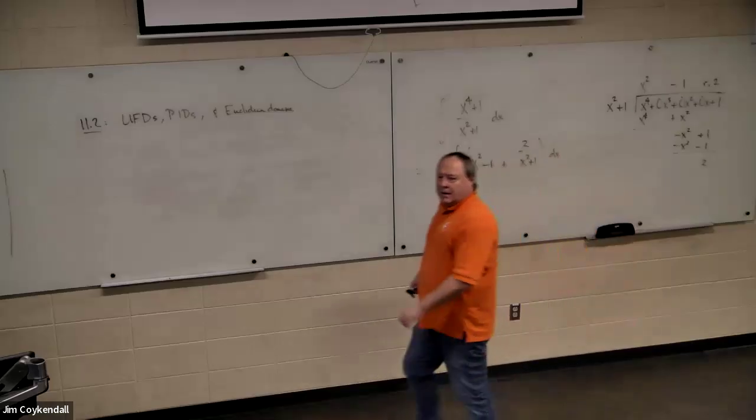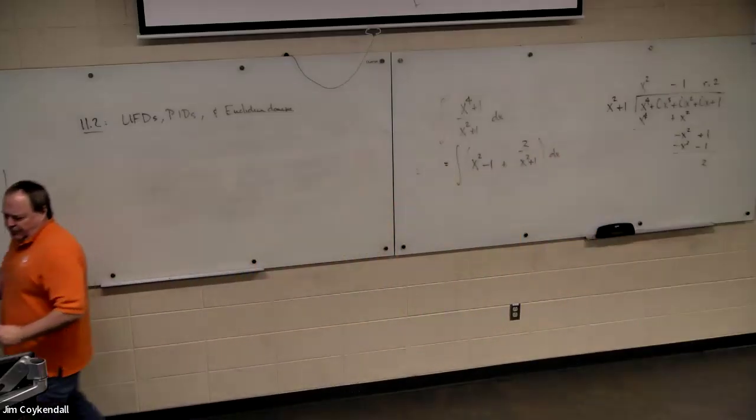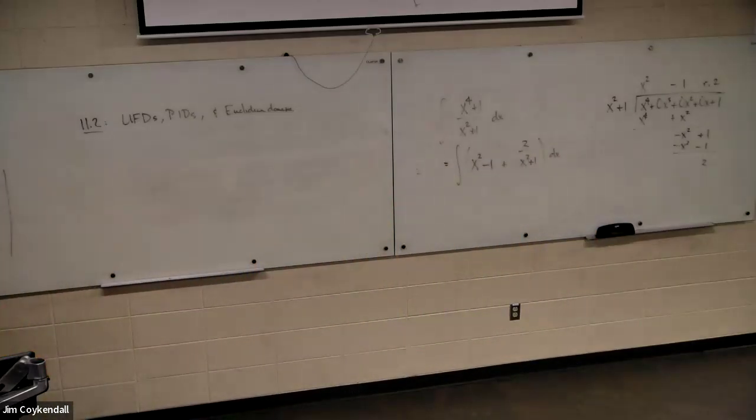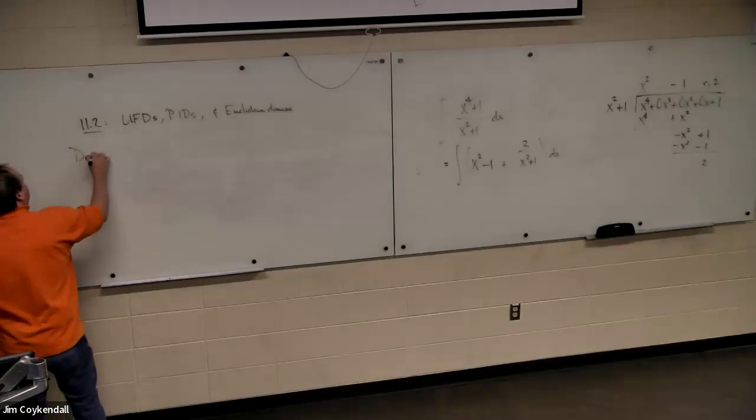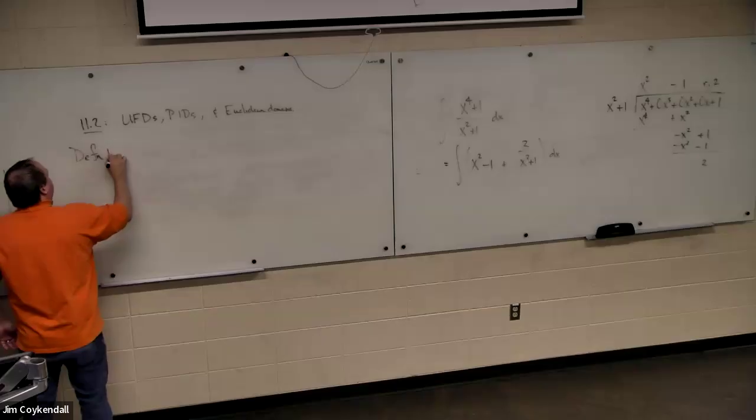So let's generalize this. Let me give you a formal definition of what it means to be a Euclidean domain. And this is a mouthful, but it's really not that bad. Definition 1.21.